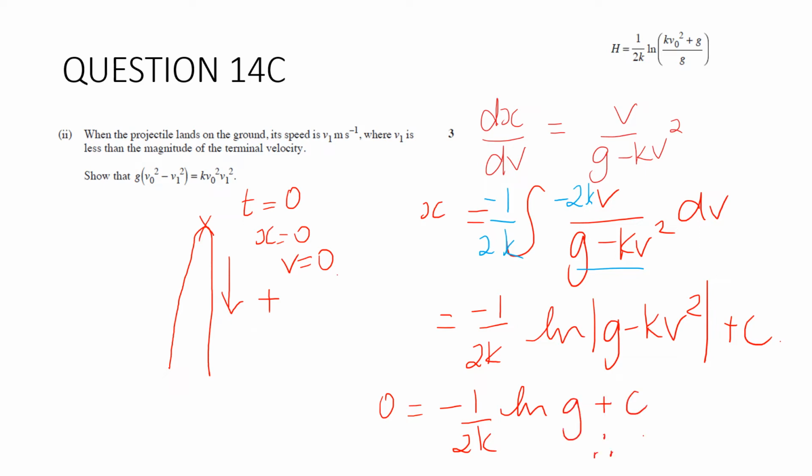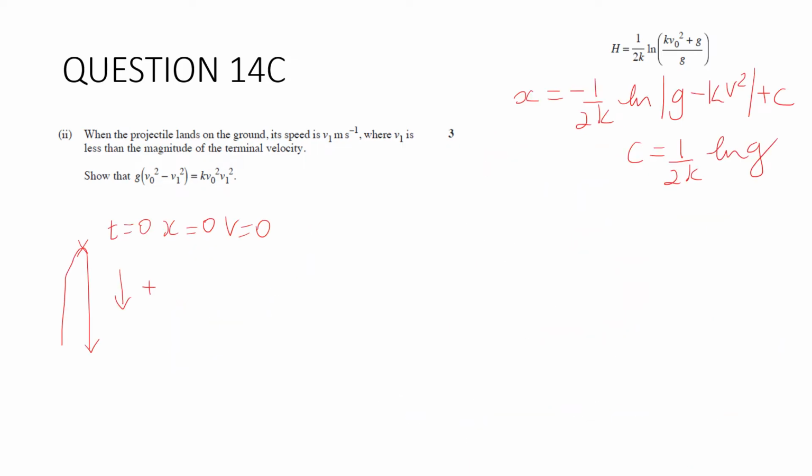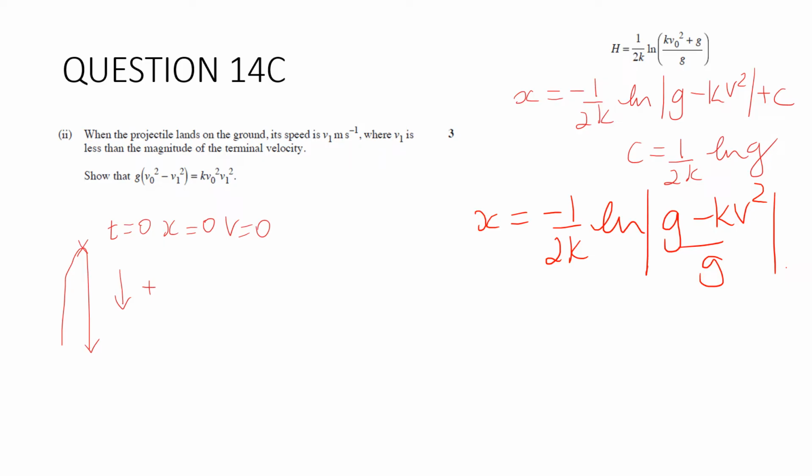Therefore, c is equal to 1 on 2k ln g, which means that x is going to be equal to negative 1 on 2k ln ((g minus kv squared) on g). Okay, now when the projectile lands on the ground, which is going to be when x is equal to h, the speed is v1.